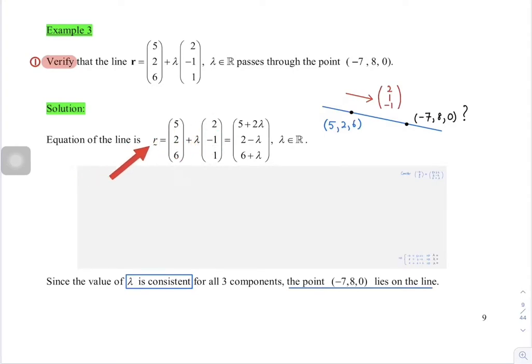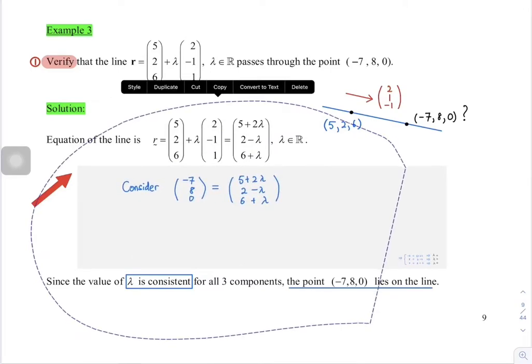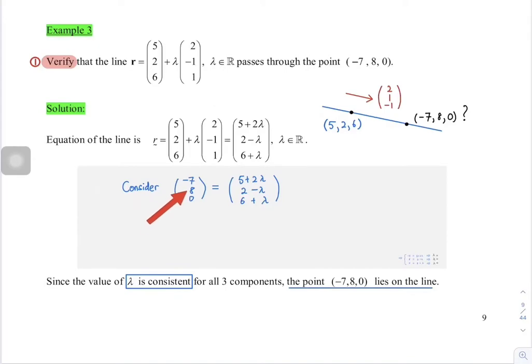Written in this way, we need to check whether the values of lambda for the x component, the y component and the z component are all consistent. So what we need to do is to form three equations.